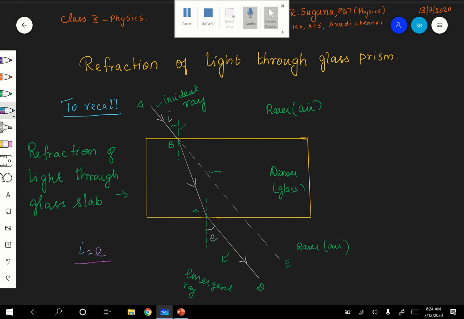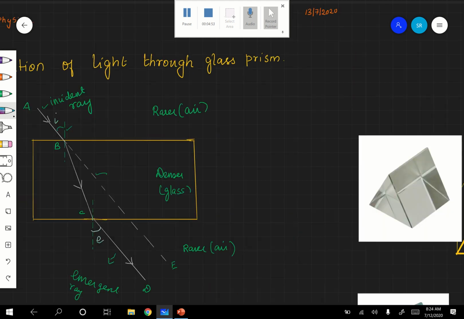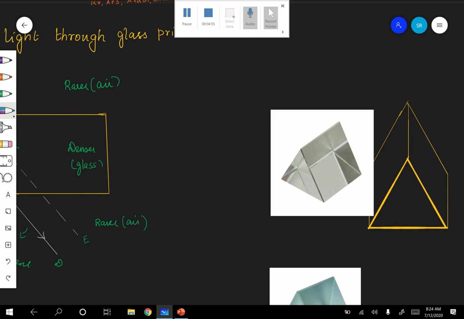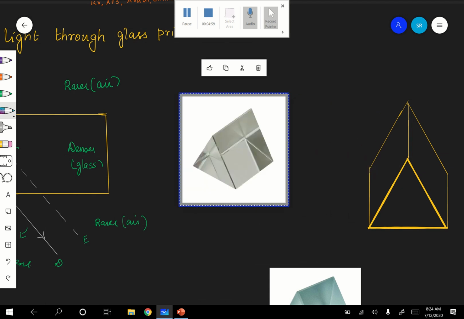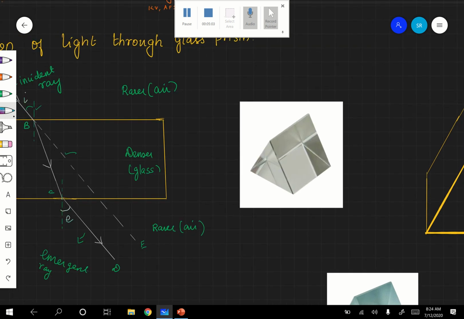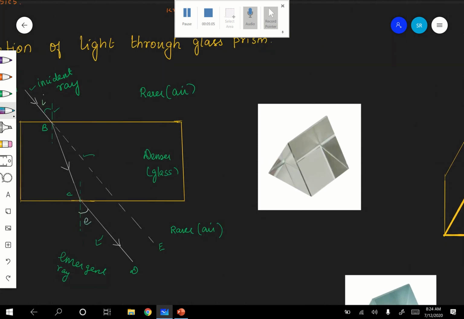What is a prism? This is the prism. A prism is nothing but a portion of a transparent medium, glass, bounded by two plane faces.